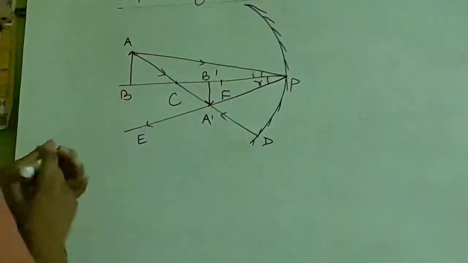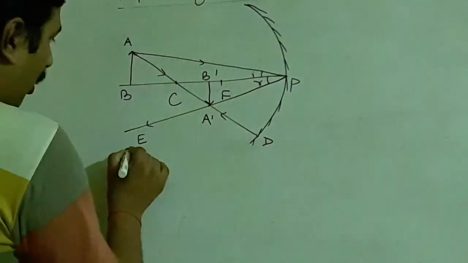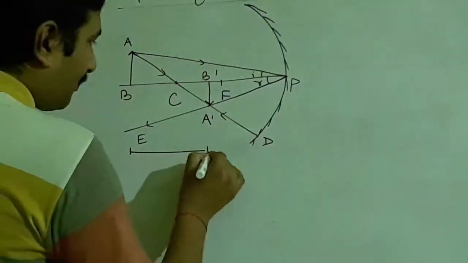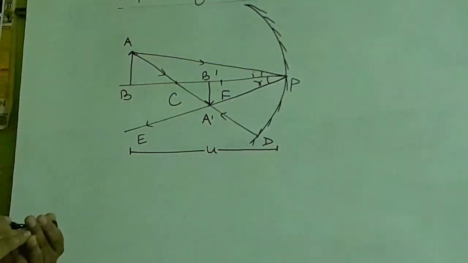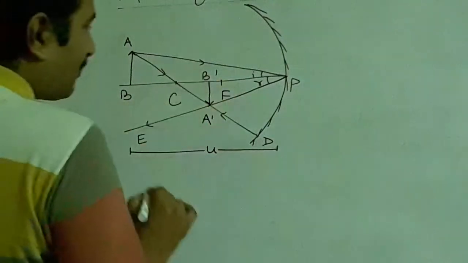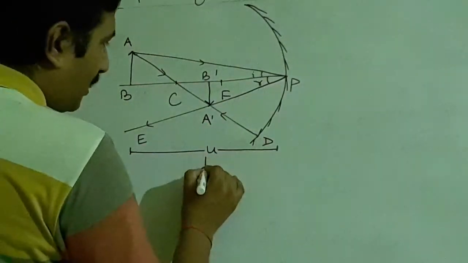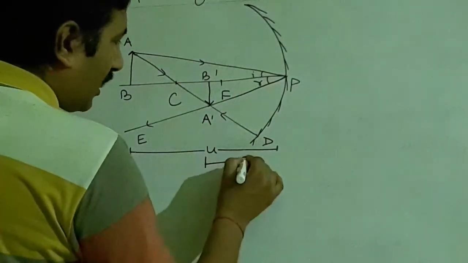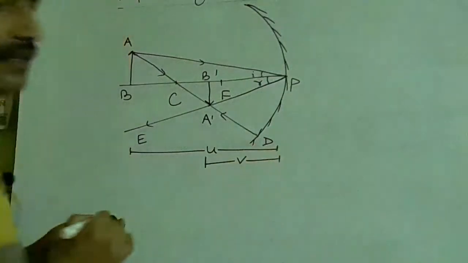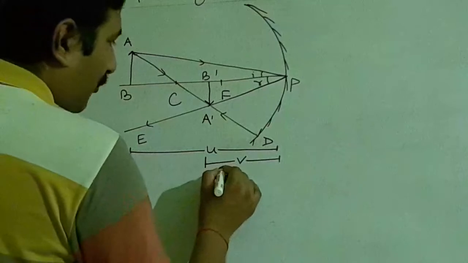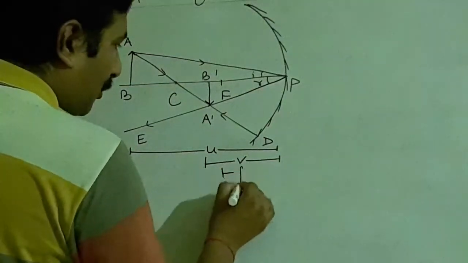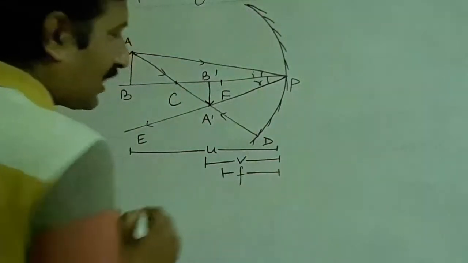You see AB is the object, so the distance of the object from the pole is called object distance. It is denoted by U. And A dash B dash is the image; the distance of the image from the pole is called image distance. This is denoted by V. And the distance of focus F from the pole is called focal length.